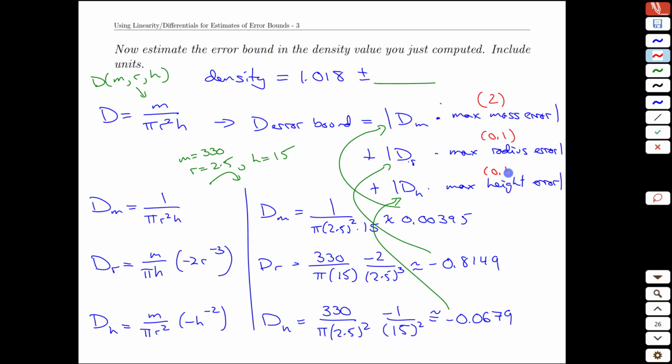The maximum height error was 0.1 centimeters. So we take this times 2, this times 0.1, this times 0.1 again. And if we do all those calculations, we end up with a lovely value of 0.096. And then the units there would be grams per centimeter cubed.